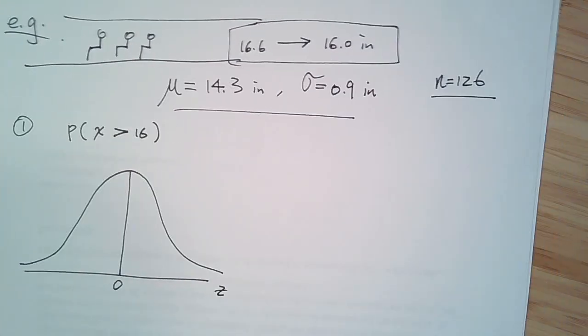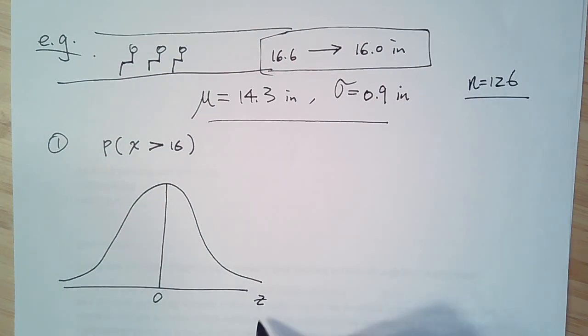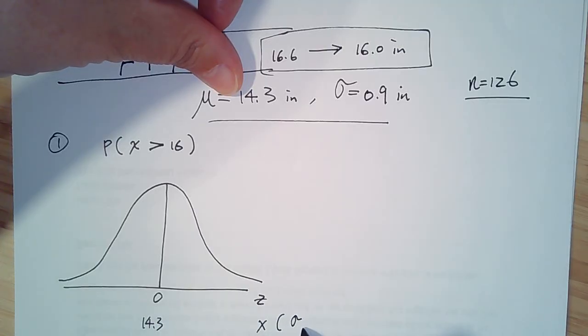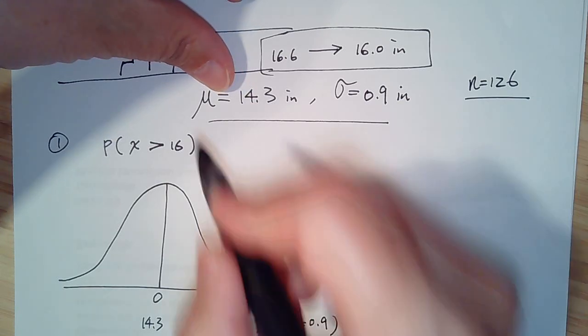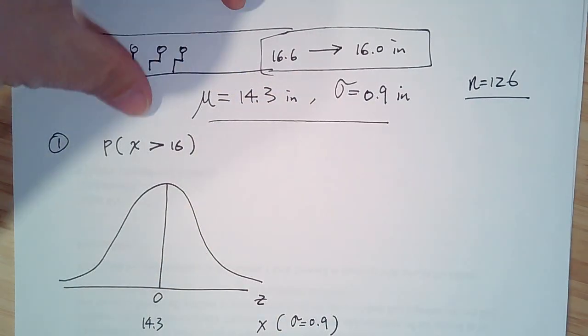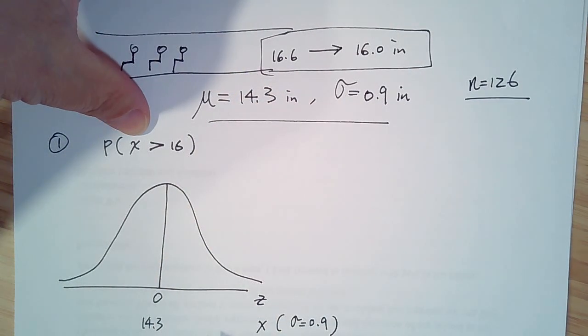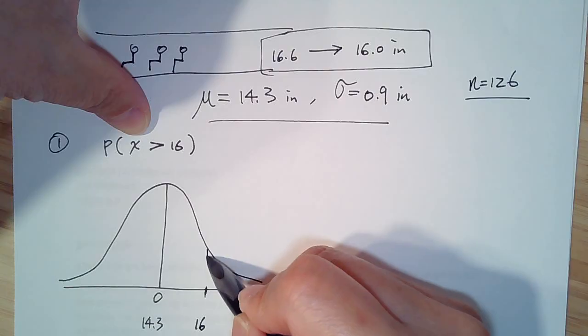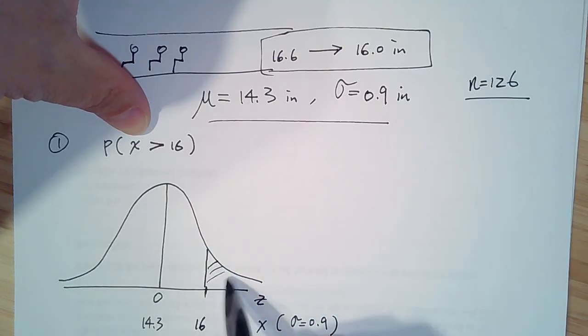Right? All right. Now we talk about an X. For X, what is the mean? 14.3. And what is the standard deviation? 0.9. All right. Now where is the 16? X greater than 16. Somewhere here, isn't it? 16. Okay. And X greater than 16 is to the right of it. So we'll talk about this probability.